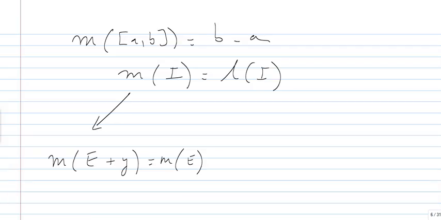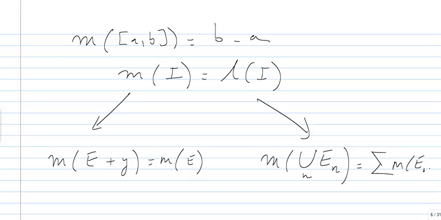And the one that is very important is that the measure of the union of E_n is equal to the sum of the measures of E_n, when you have a countable union of disjoint sets, so E_n intersect E_m is empty for n different from m. So these are disjoint sets.